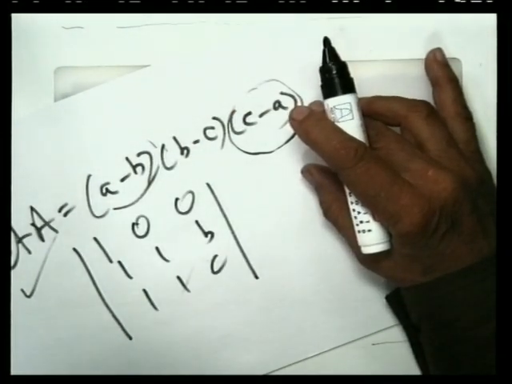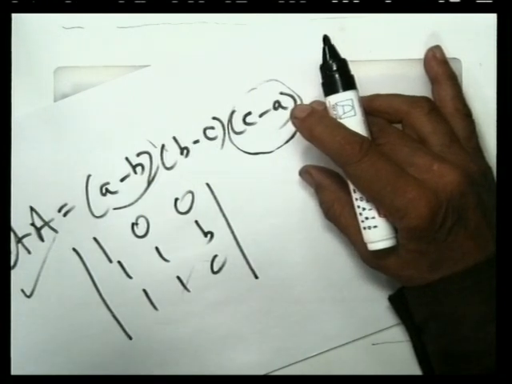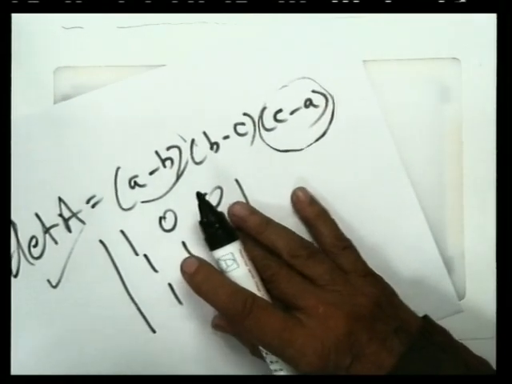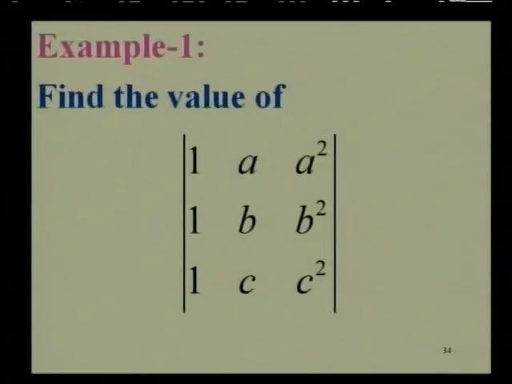Or a third way is you just see, on the screen, second row a, b, c. You multiply the second row by a and then subtract it from the third row, and same way the first row you multiply by a and subtract from the second row, and again do the same operations, then you get again the same result, determinant A equal to (a minus b)(b minus c)(c minus a).